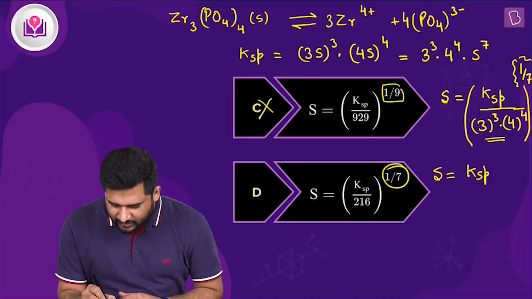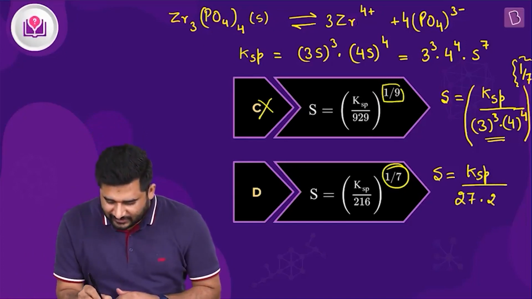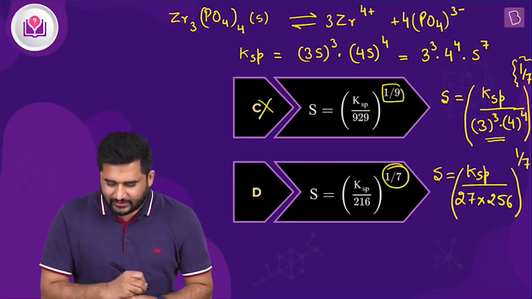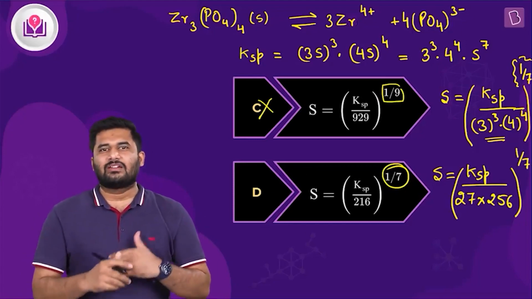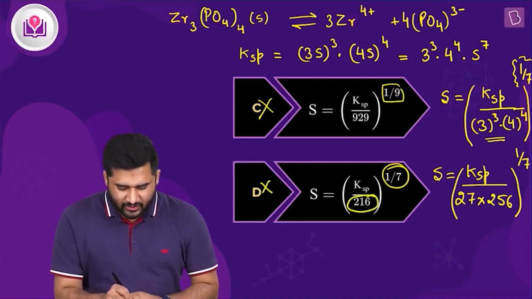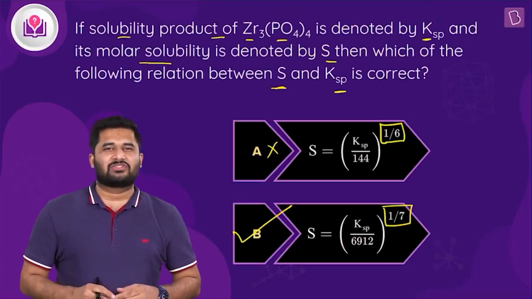So Ksp divided by 27, and 4 raised to power 4 is 256. So now one thing is clear, when you multiply 27 with 256, then obviously you will get a term which is more than 216, isn't it? Which means straight away you can rule out option D, and hence the only right answer to this question is option B.